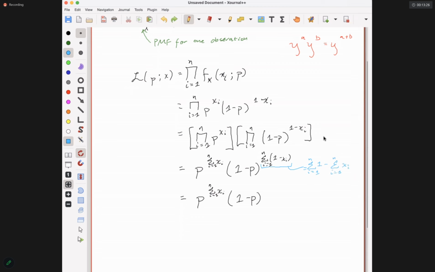But what is the sum from i equals 1 to n of 1? This is going to be n minus the sum of xi summed from i equals 1 to n. Does this make sense?